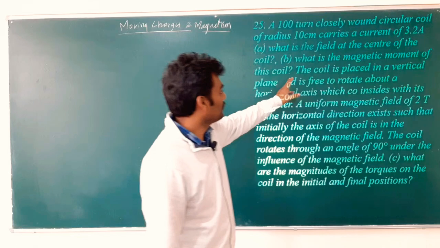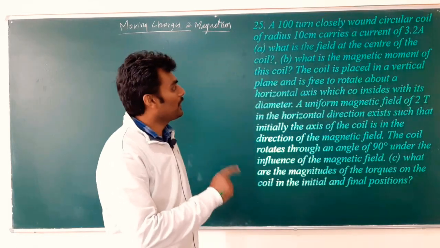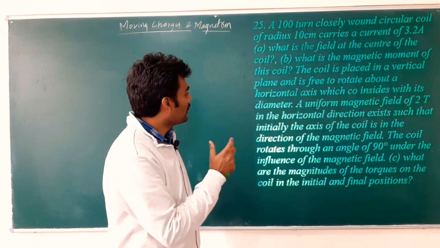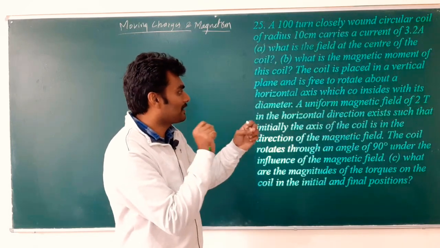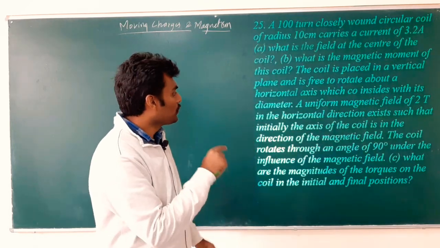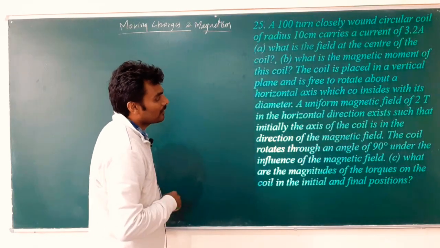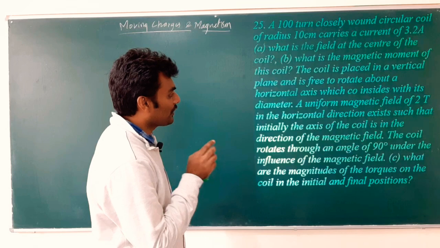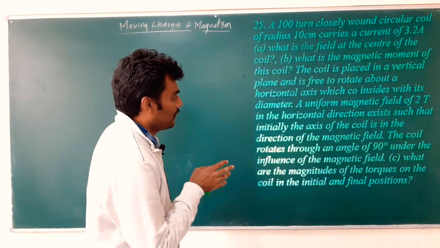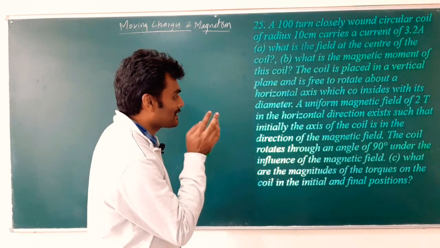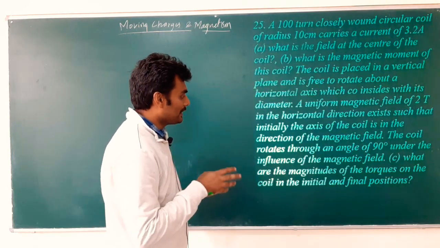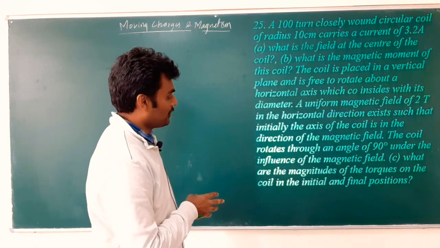Next, the question continues. The coil is placed in a vertical plane and is free to rotate about a horizontal axis which coincides with its diameter. A uniform magnetic field of 2 Tesla in the horizontal direction exists such that initially the axis of the coil is in the direction of the magnetic field.